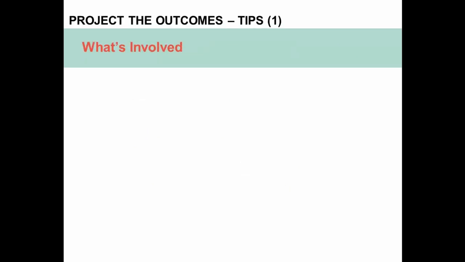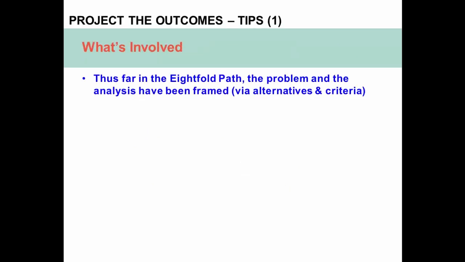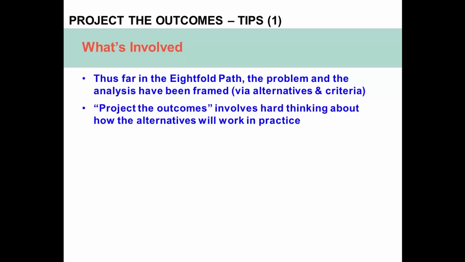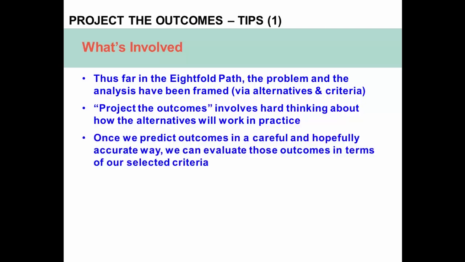First, what's involved with projecting the outcomes generally? Thus far in the Eightfold Path, we've done good work. We've defined a problem and assembled some evidence, and then we framed the analysis by choosing the alternatives and the criteria that will be in play. Now, projecting the outcomes involves hard thinking about how these alternatives will each work in practice.